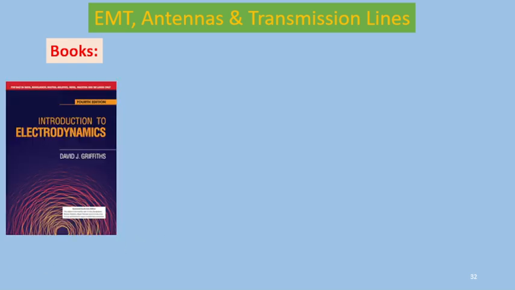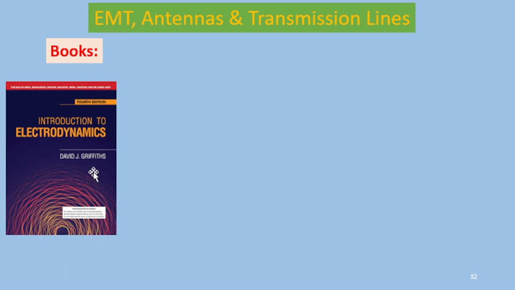The first one I can suggest is Griffiths, Introduction to Electrodynamics. This is a very easy, fundamental book. You can understand electrostatics and magnetostatics well, and you can get up to the radiation part.